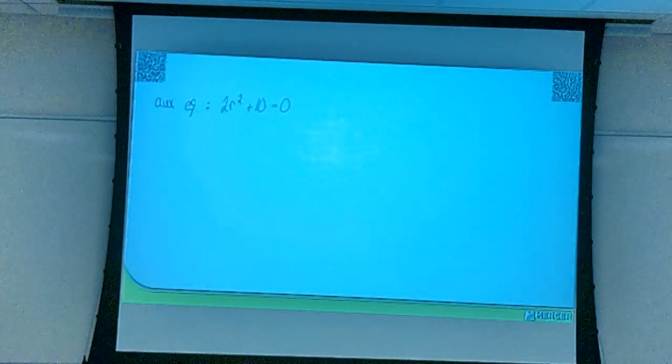Solve that. What do you get? R squared is negative 5, right? So what's R? Plus or minus root 5 i.